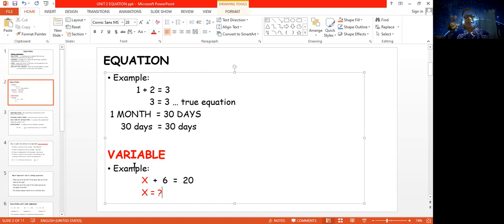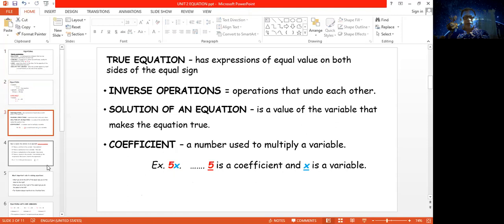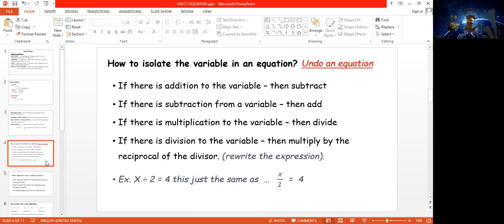To continue, we have here how to isolate. What is isolation? Isolation means how to make our variable alone. If we have our variable X or Y or Z, it has to be alone. So how to isolate?